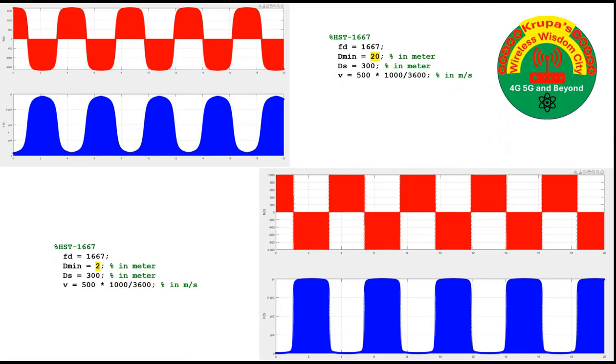In this example, I have taken to demonstrate d min. As all of you know by now, d min is the minimum distance between a base station and your mobile. One case is where d min is 20 meters, and another case is where d min is 2 meters. Whenever d min is 2 meters, you can see there is a very sharp fall in the frequency, whereas here the fall is a bit smoother.